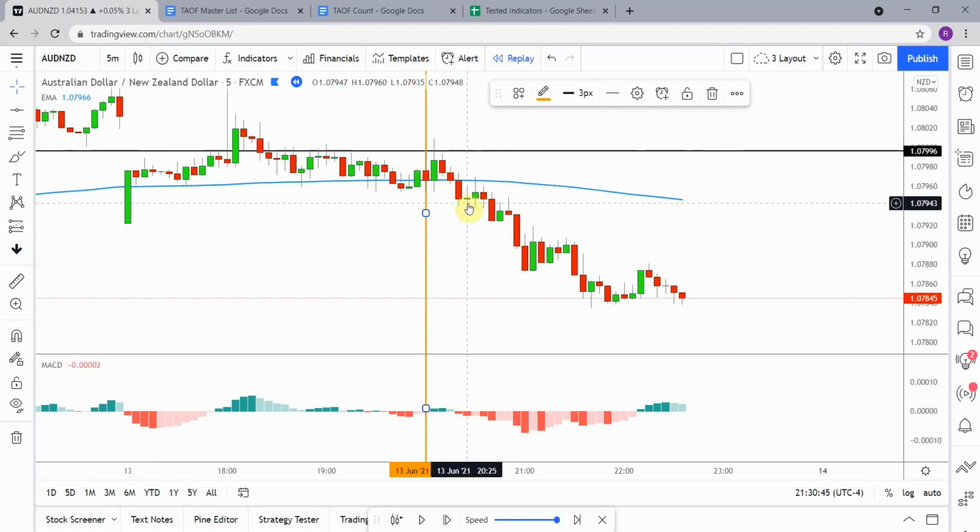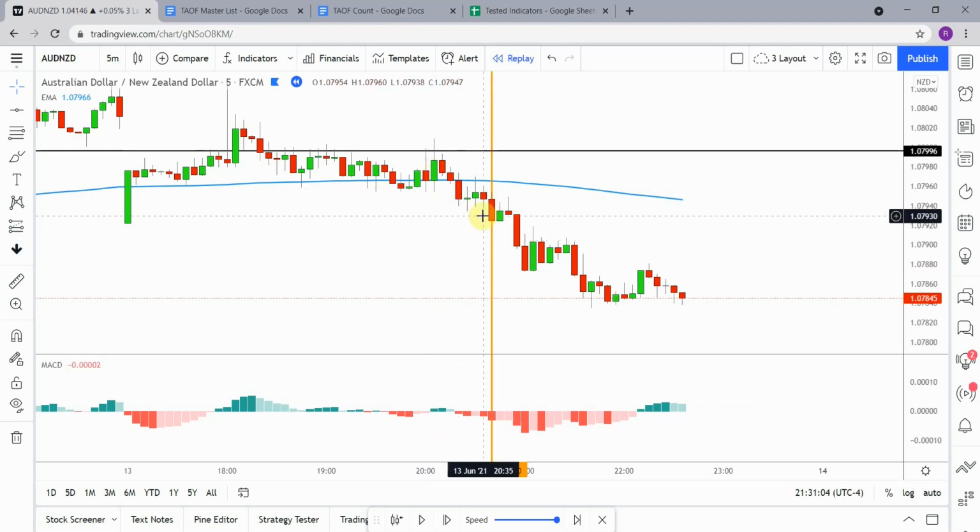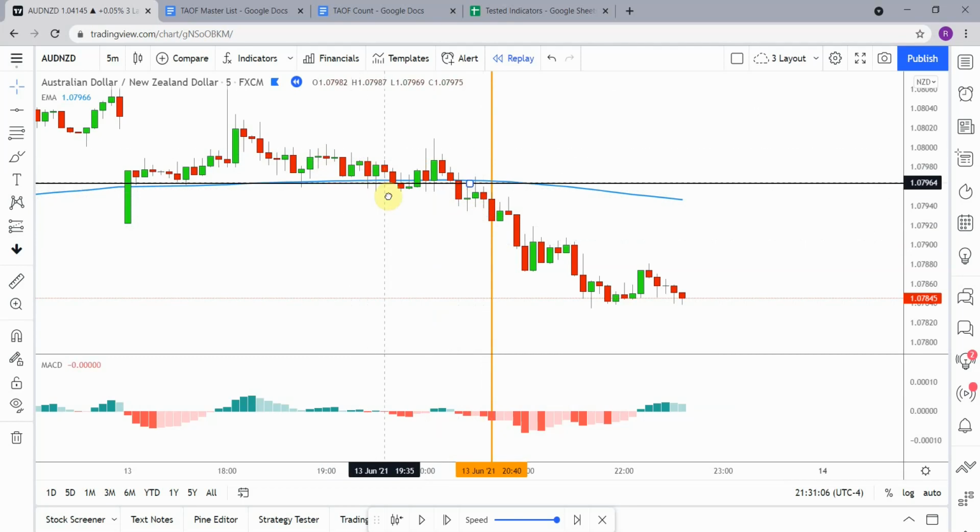We had the push down here for the A. We had the slight, minute pullback right here, and so this is creating that little B portion of the ABC, and then a breakout to the downside would have taken place on that candle right there.